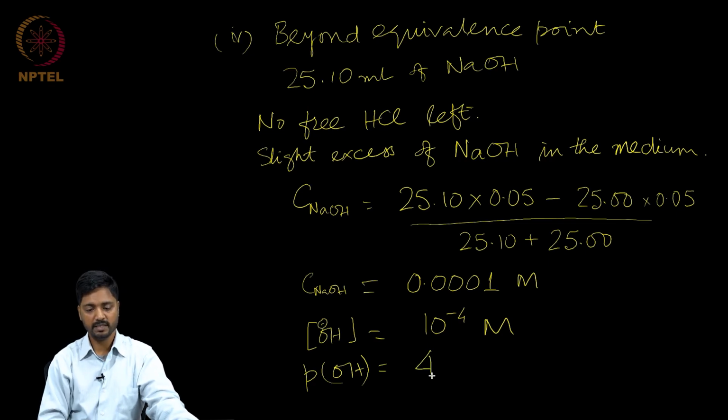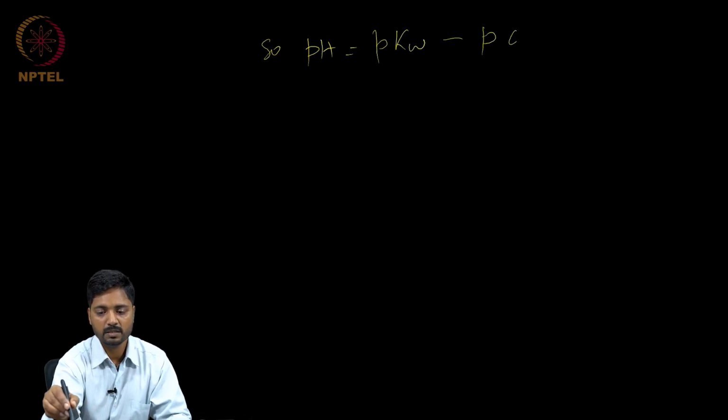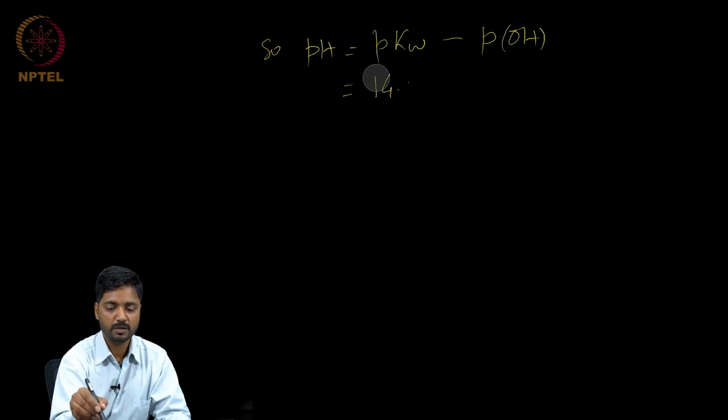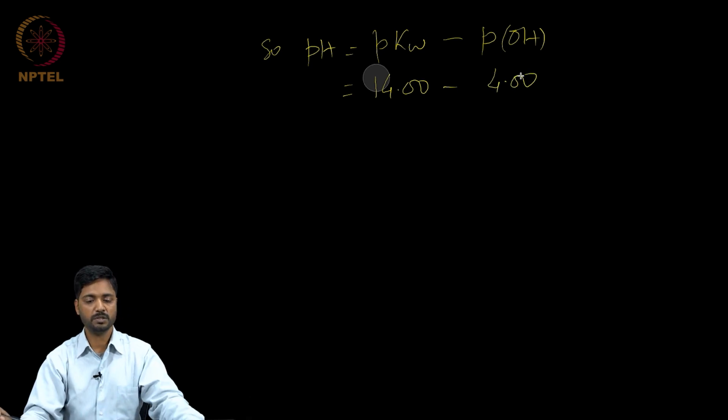Now, from this it is very straightforward to calculate the pH of the solution, and so pH is equal to pKw minus pOH. So, the pKw is 14.00 and the pOH is 4.00.